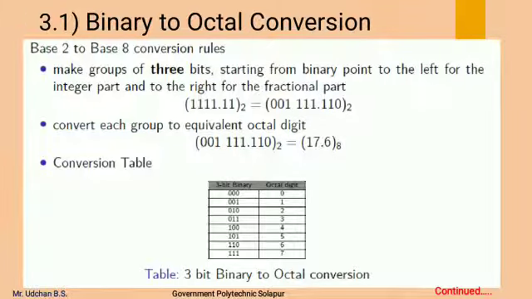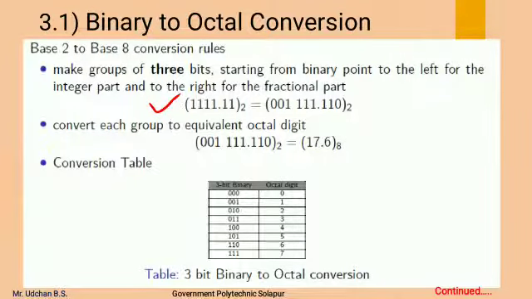We will make groups of 3 bits starting from the binary point to the left for the integer part and to the right for the fractional part. Now in this example, the number is 1111.11.